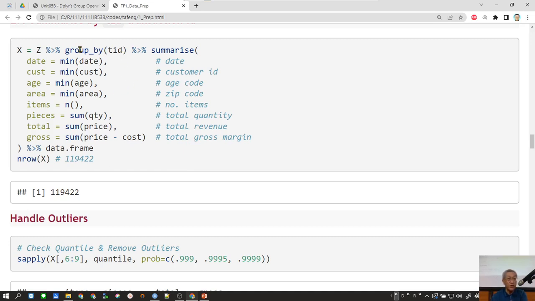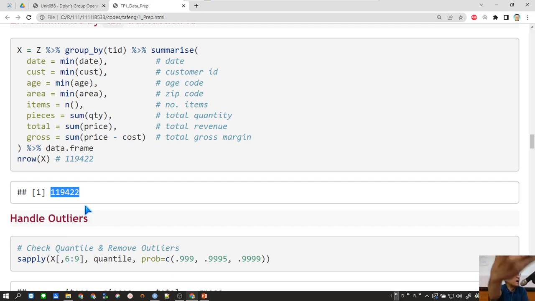So see, in this group by and summary, I basically transform Z, which is one item per row, into X, which means transaction. After I transform it, I translate it into a data frame that has 119,422 transactions.